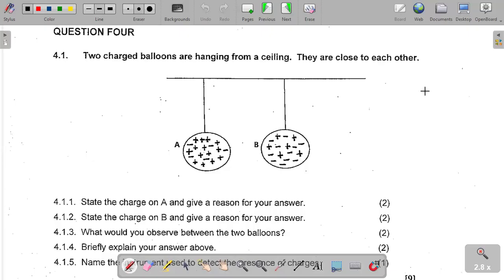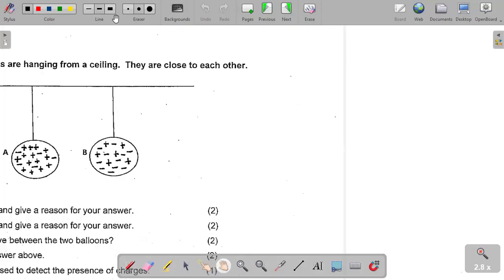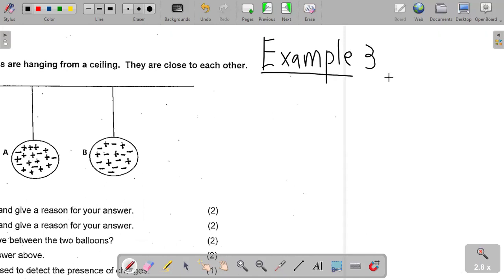Here we're going to do example 3. For example 3, we're going to use question 4.